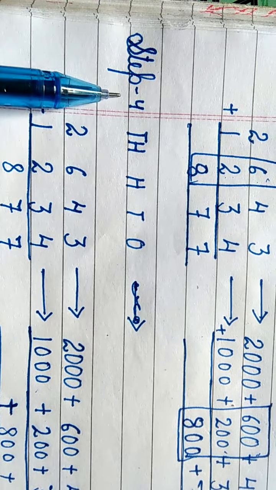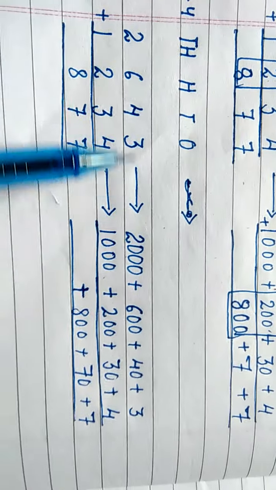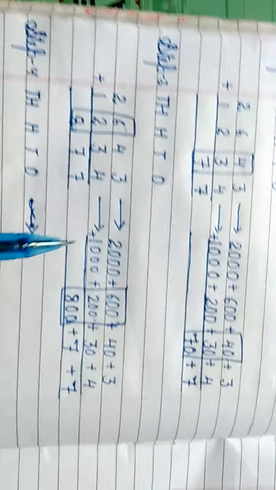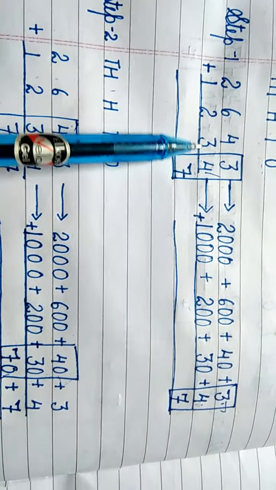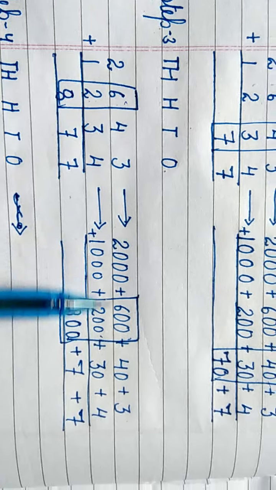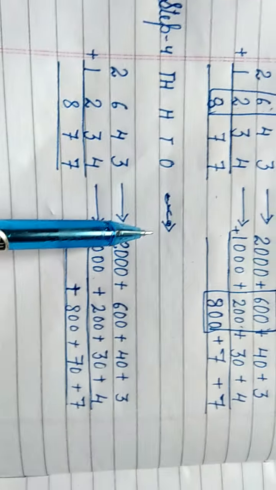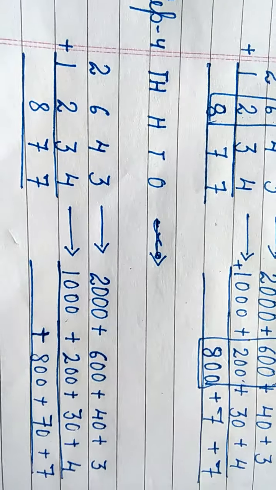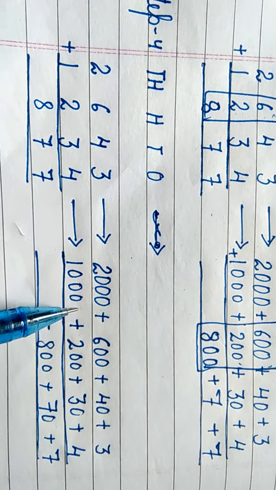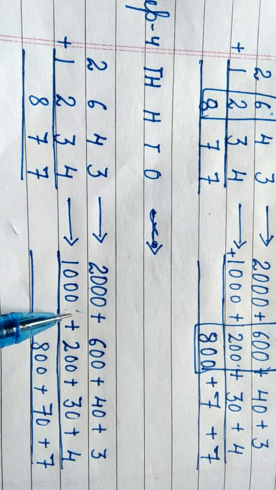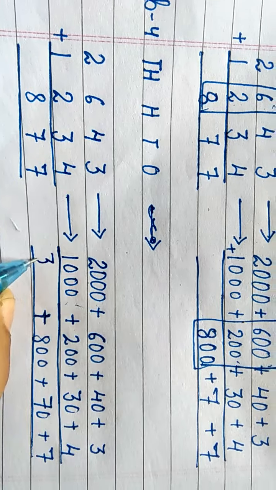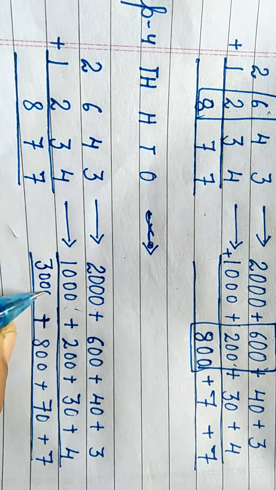Now we will start step 4. Step 4 has to be written in the same way as I have written in steps 1, 2 and 3. Now we will go to the thousands place in step 4 and add both numbers. 2000 plus 1000 is equal to 3000.